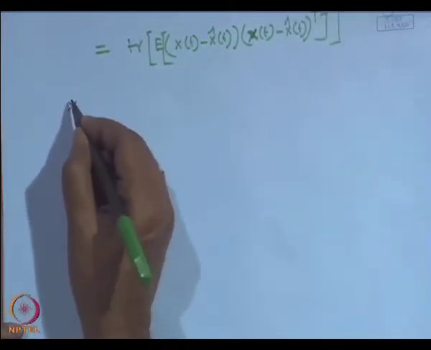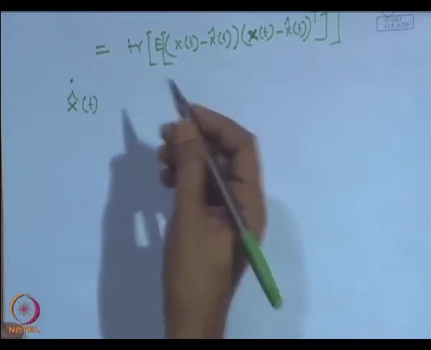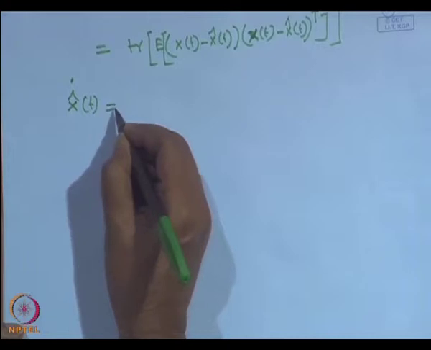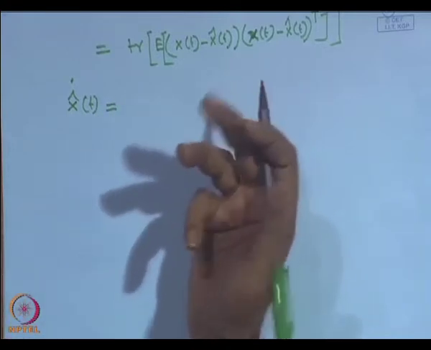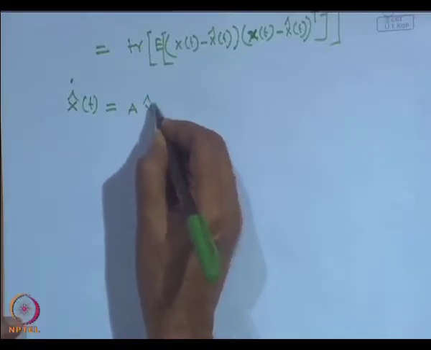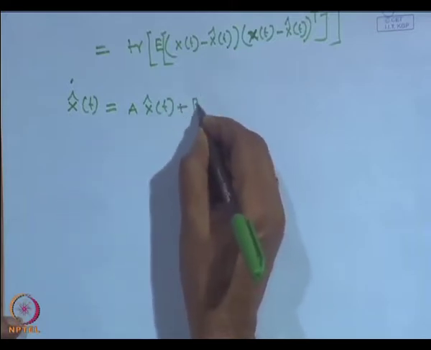I am writing directly the estimator equation. The Kalman filter equation is the same as what we did for the deterministic case. The structure is the same, but the implementation has to be done in a different way.